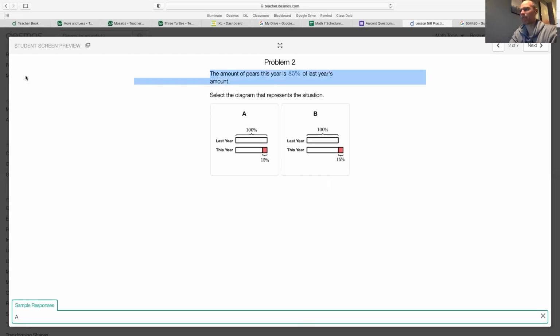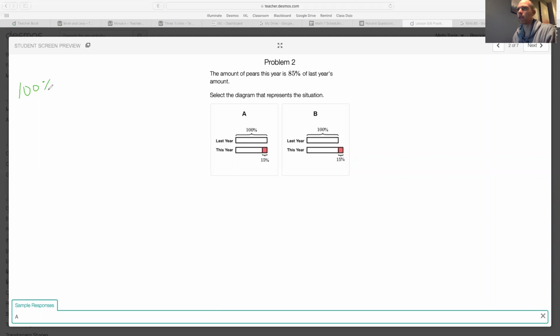If you have 100% of something and you take away 15%, well, that's the same as having 85% of something left. And so it should be the exact same diagram as the last question, right? With the 15% reduction. So I'm going to click the A one again.